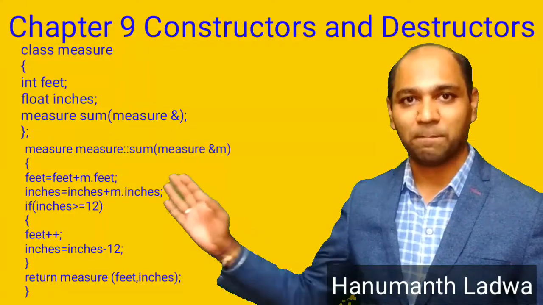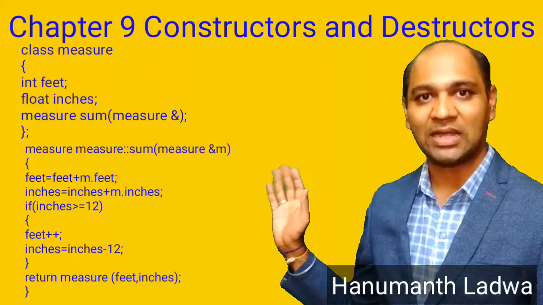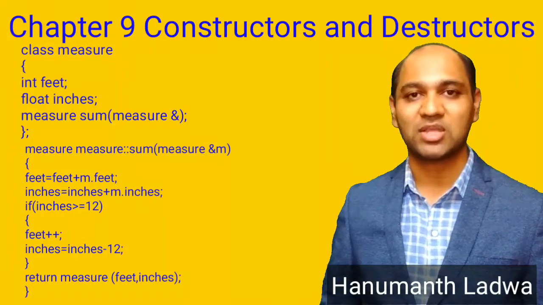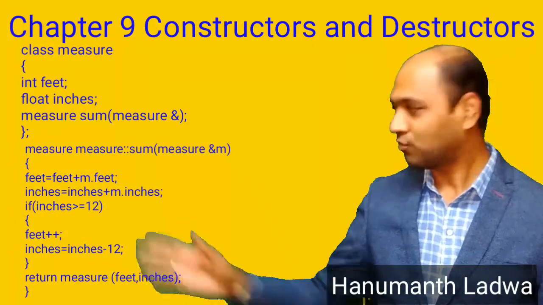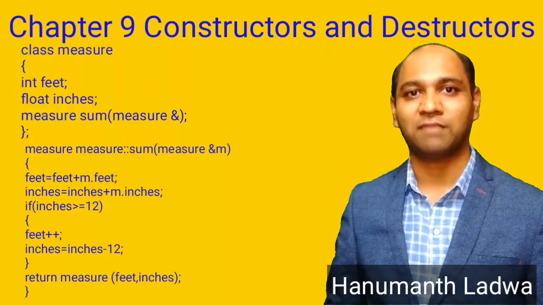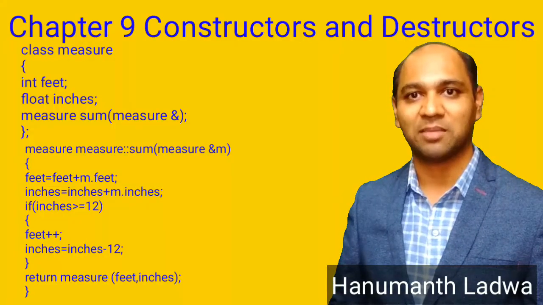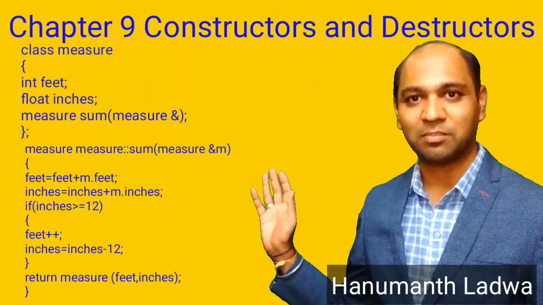Now we'll write measure, the scope resolution operator, sum, and inside the bracket we are going to write measure ampersand m. So the first measure represents the return type of the function. Next measure represents the class name, and then sum and measure ampersand m.